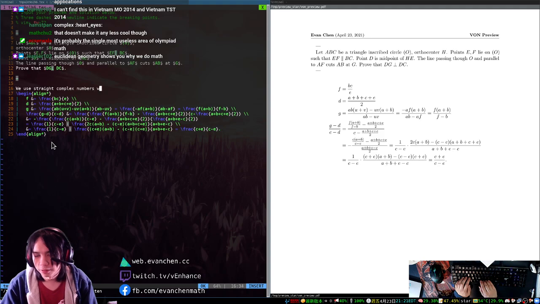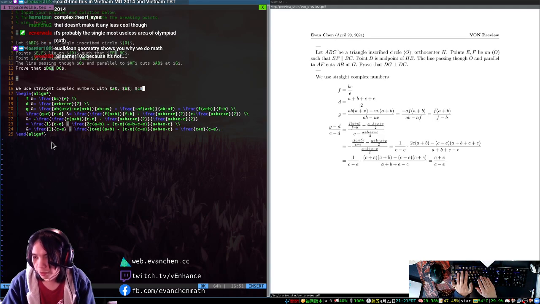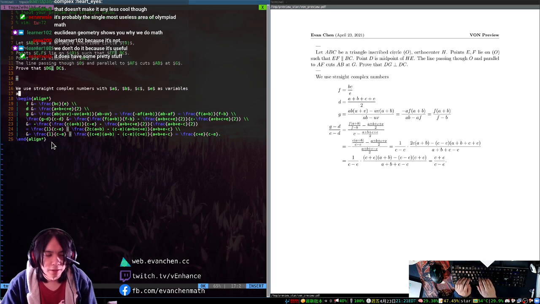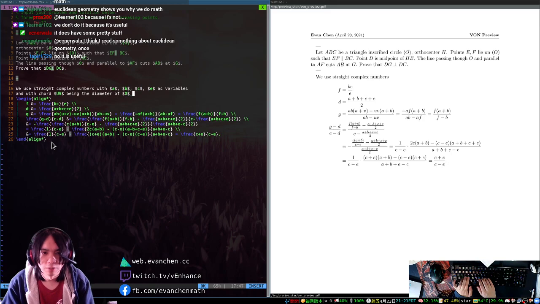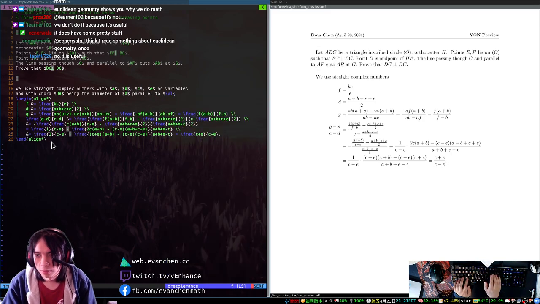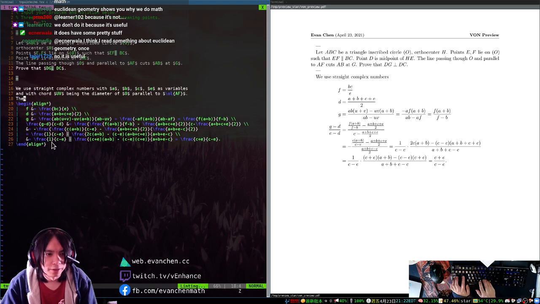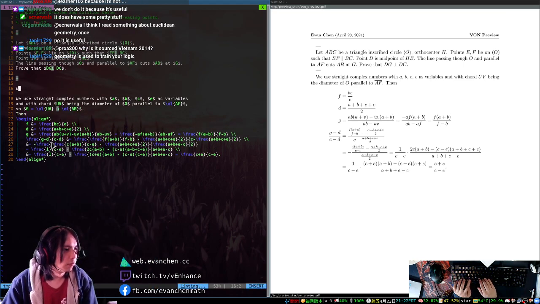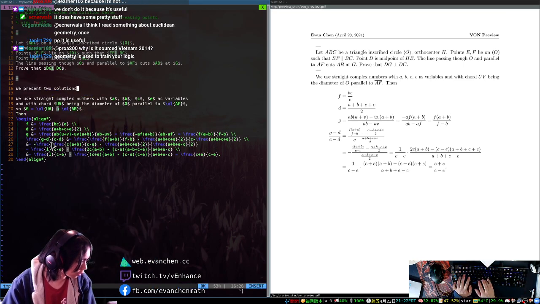So we use three complex numbers with A, B, C, E as variables, and with chord UV being the diameter of O parallel to AF. And UV cap AB. Present two solutions.